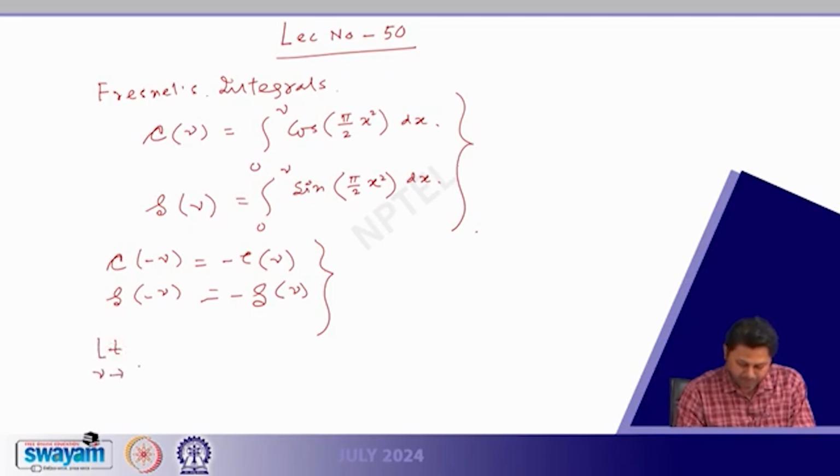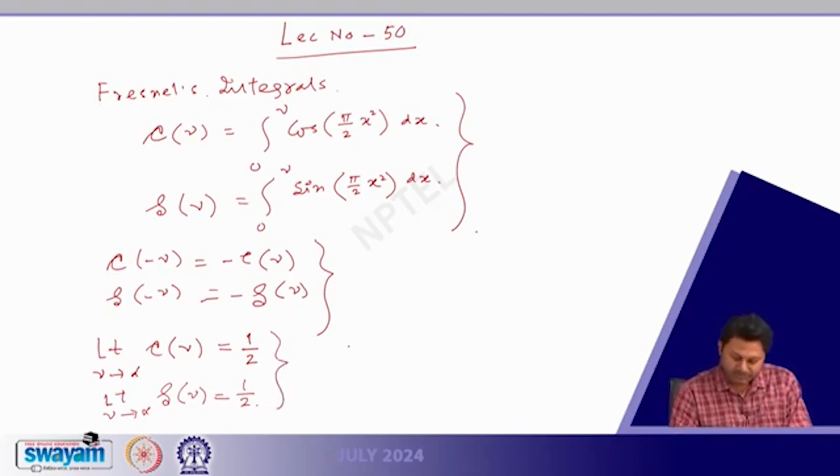limit nu tends to infinity, C of nu is half, and limit nu tends to infinity, S of nu is also half.